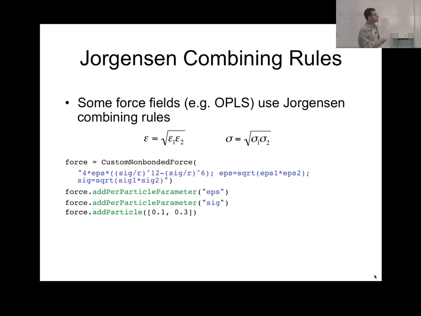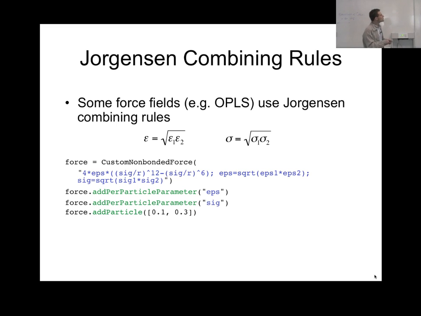We have to tell it that we're using 2 per particle parameters called eps and sig, and then we can add our particles and give it the values of those 2 parameters, eps and sig, for each particle. Now what you're probably asking is, wait, what's going on with eps1 and eps2?